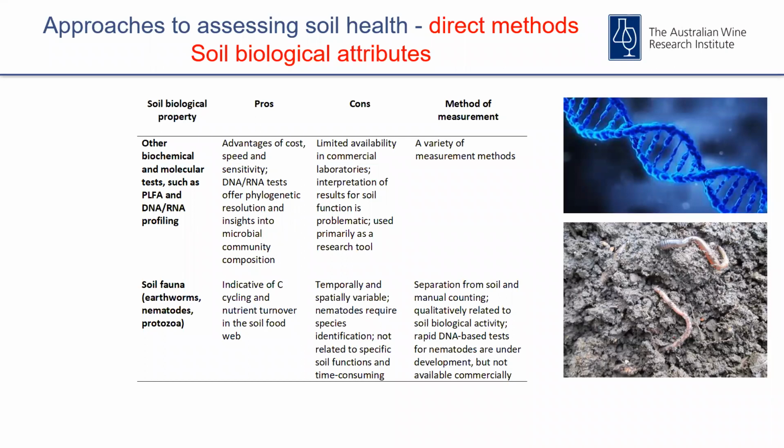But as a general rule, my take-home message is to build up the soil organic matter to organic carbon levels greater than 2%, and you can do this particularly in the vine row with compost, which can be straw composted with chicken manure, for example, or pine bark composted with chicken manure.